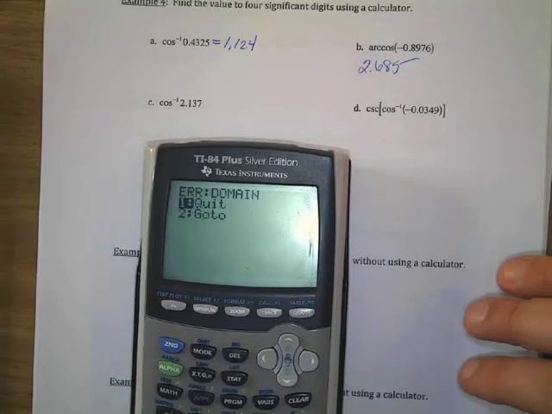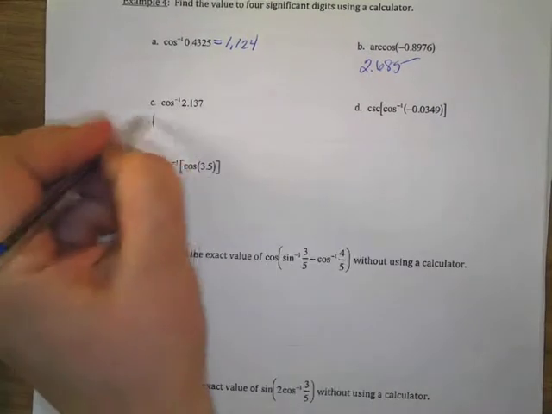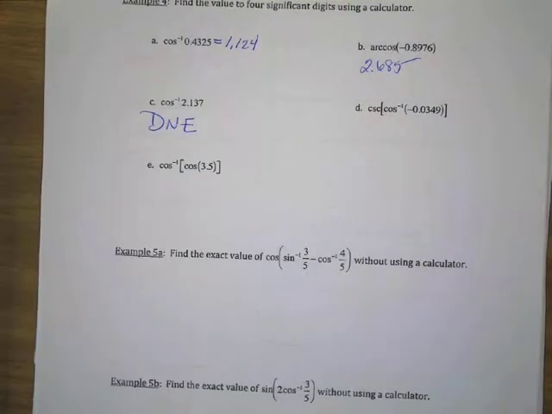Uh-oh. What does that mean? Does not exist. It means we can't do it. It's out of our domain. It does not work.